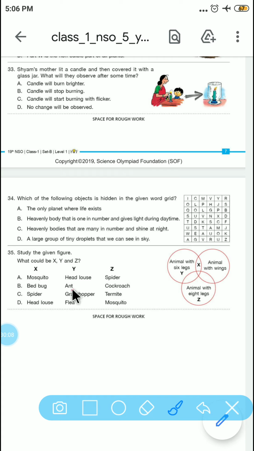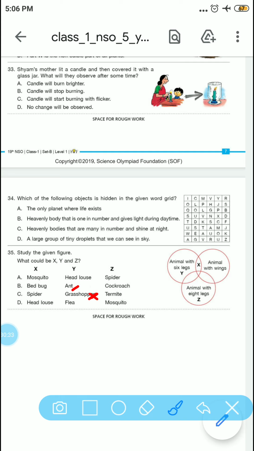It will be an ant, okay, or a grasshopper also. Both of these are a kind of insects. What will be the possibility of an animal with wings? So X will have the 6 legs and wings.